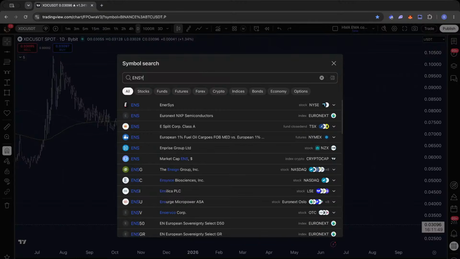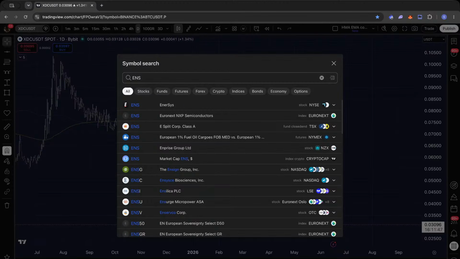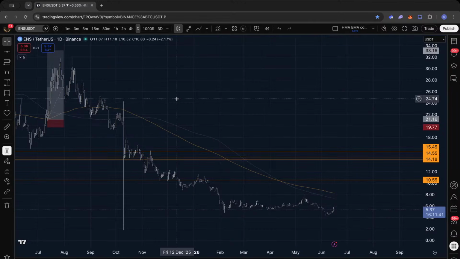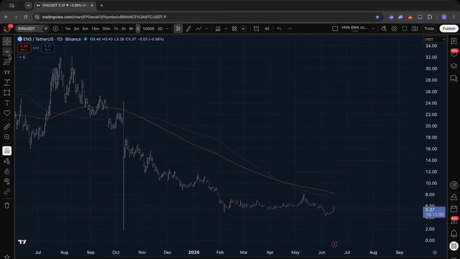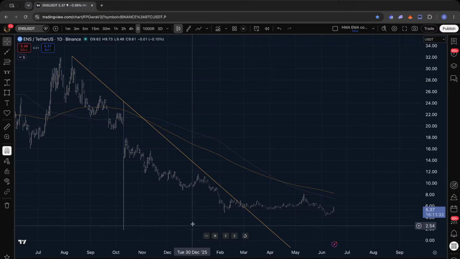But I do get it. There's a lot of people who came in the last year, in the last few years. They didn't witness how much a coin can dump, and they didn't witness how much pain something like that can create if you don't have a plan. So you have to be really careful with the altcoins.